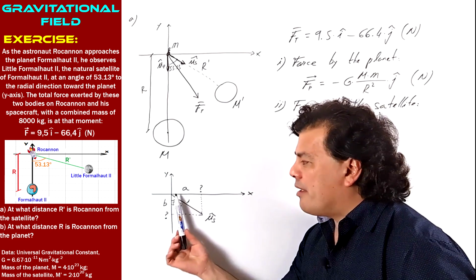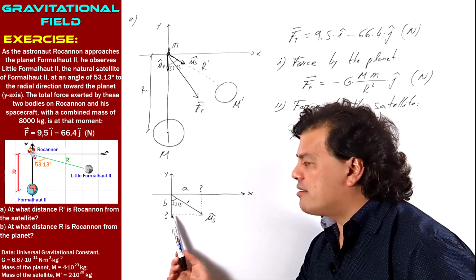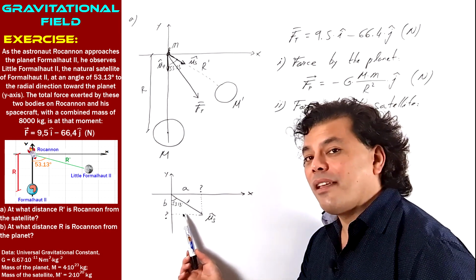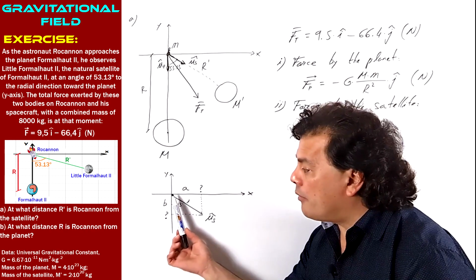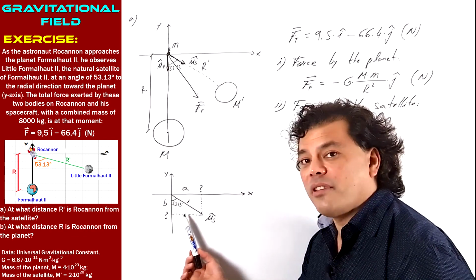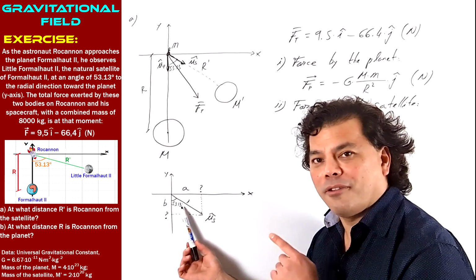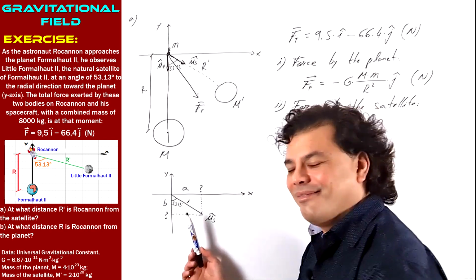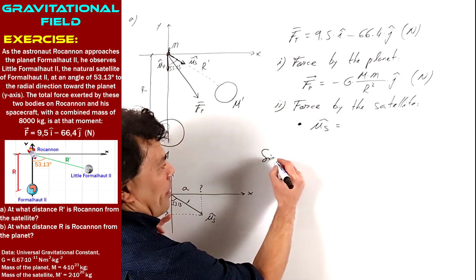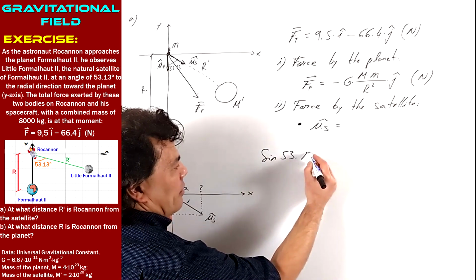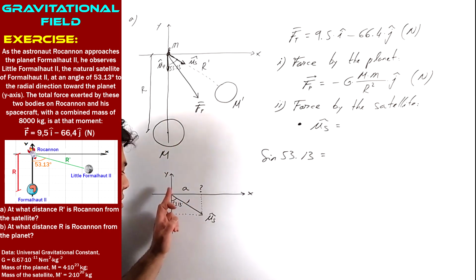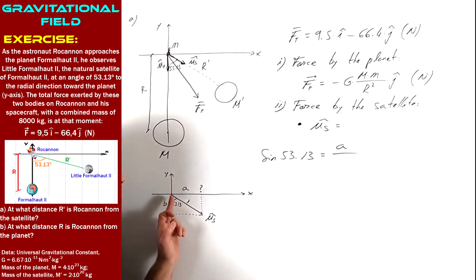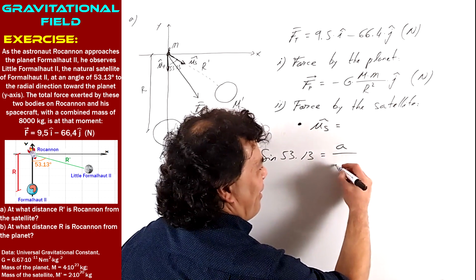As you can see, the length of this bar is the same as the length of this other one, which is precisely the opposite leg of this triangle, the opposite leg of 53.13. Can you remember the definition of the sine of an angle? The sine of our 53.13 degrees is defined as the opposite leg, A, divided by the hypotenuse, 1.